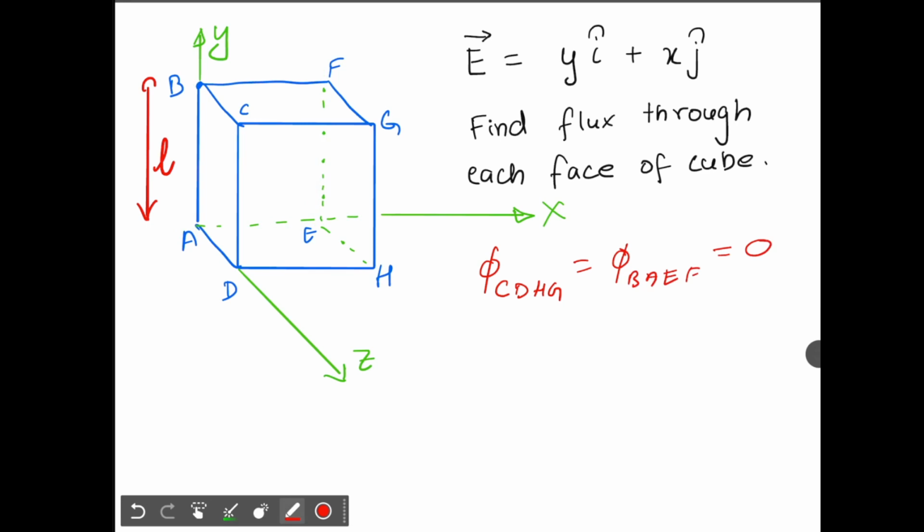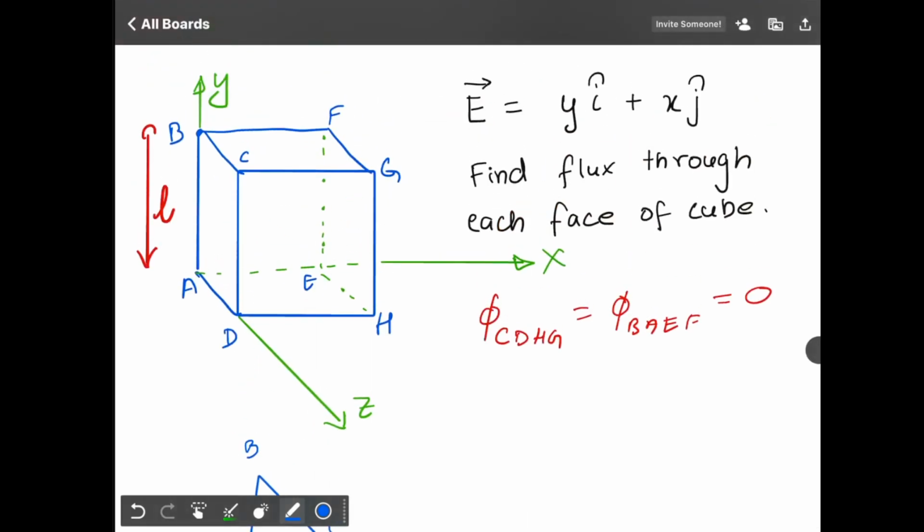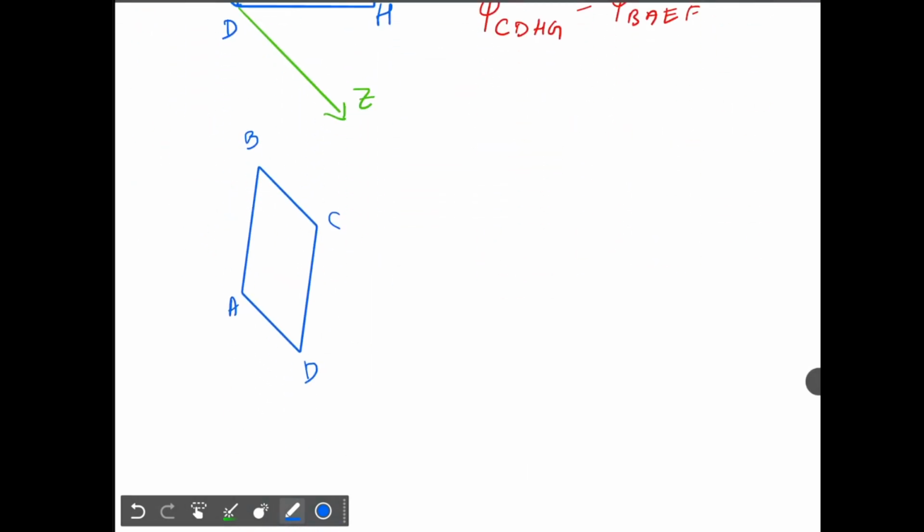All right, now let's find the flux through this face, that is ABCD. Let's draw it separately. A, B, C, and D. All right, so for flux through this face we only need the field along x-axis.